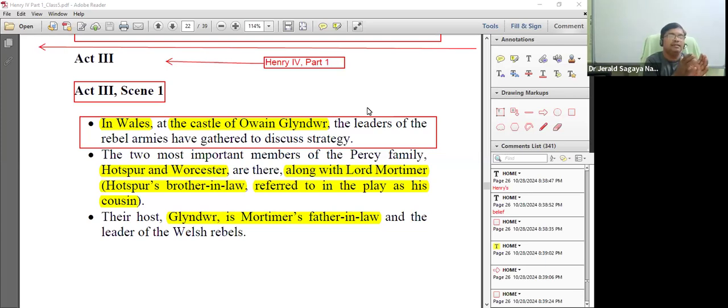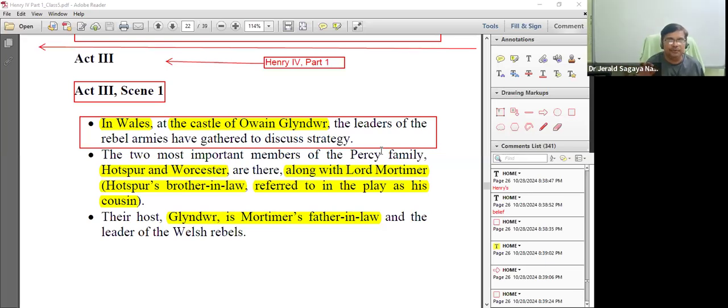He was coming with his own English army and fighting a war against Owain Glendower.